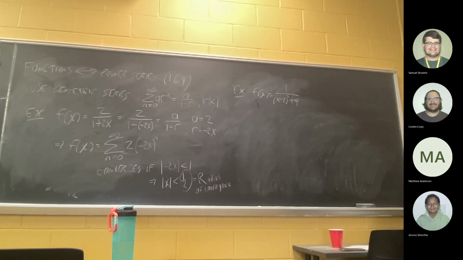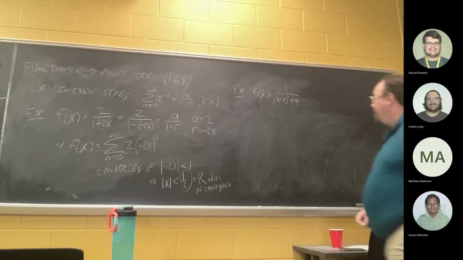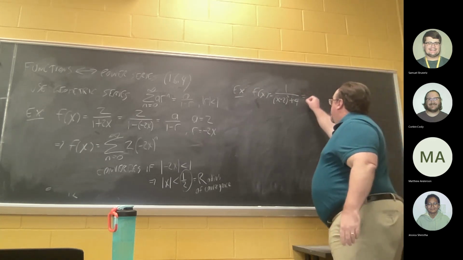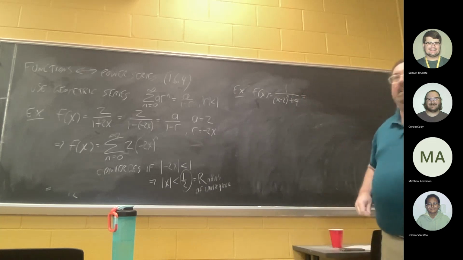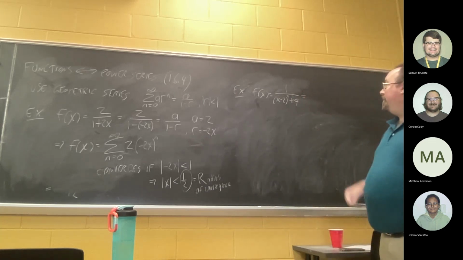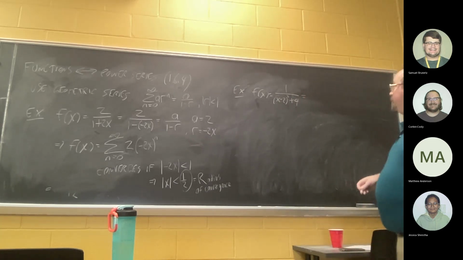What's most important is to make sure that the denominator has the form 1 minus something, whatever that something can be. So here we have a plus 4. We need that to be a 1. So I'm going to divide top and bottom by 4.